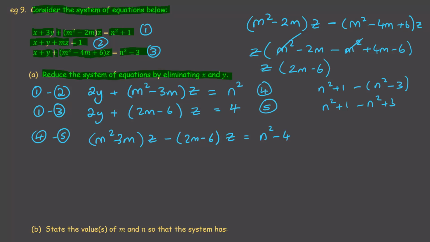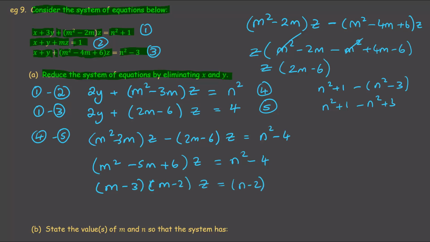And tidying that up gives me m squared minus 5m plus 6 z's is equal to n squared take away 4. Now I could write this as m minus 3 m minus 2 z's is equal to n minus 2 n plus 2.